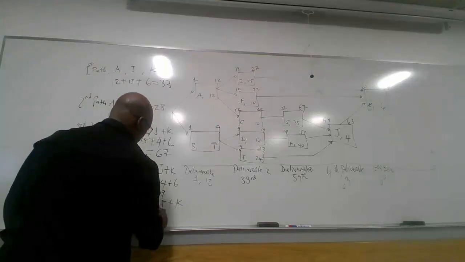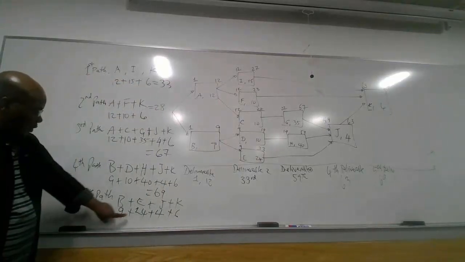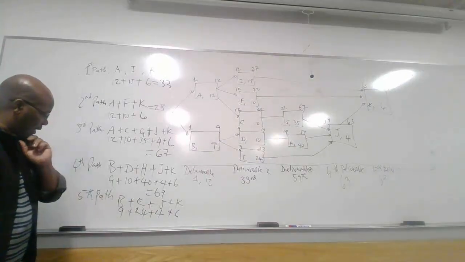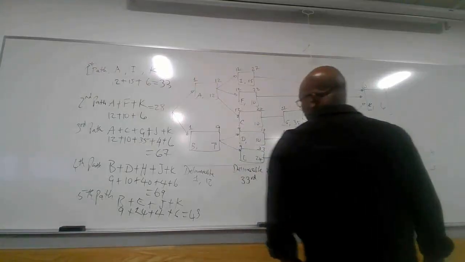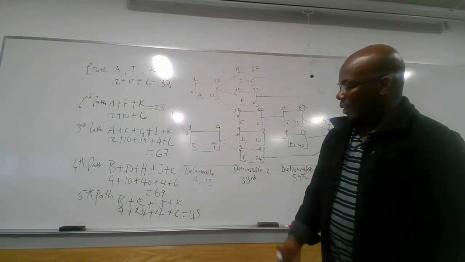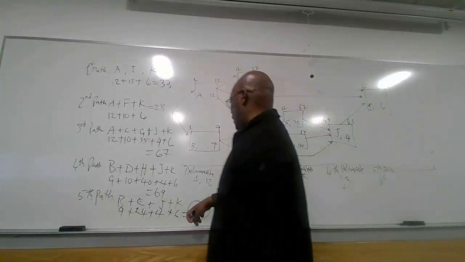And here we have 4, and K we have 6. So we have 9, 24, 4, and 6. So here we have 43. So those are the paths, and we can now identify the longest path.